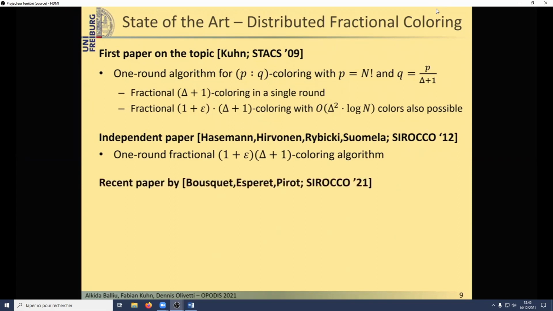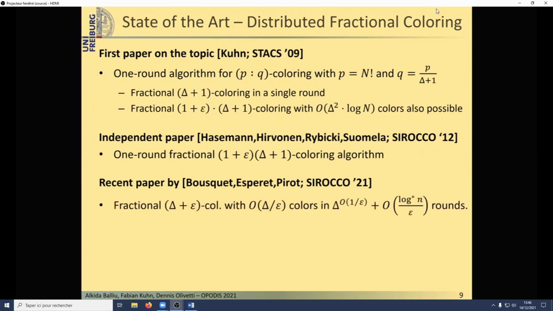And now the main motivation for our paper here was a paper which was published earlier this year in SIROCCO, where one of the things they did was explore this range between delta and delta plus one a bit. They showed that you can actually go below delta plus one still efficiently for fractional coloring.